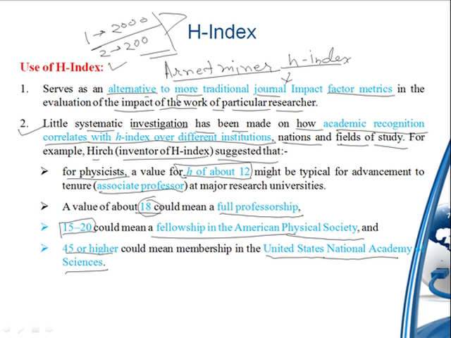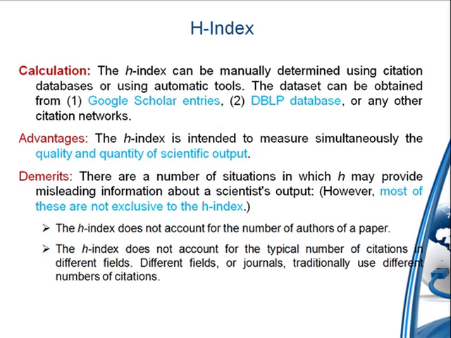Then there are a total of 2 papers having citations greater than 2, so his H-index will be only 2. However, his contribution is very high. Still, due to capturing productivity and impact both, it can be considered as a good measure for ranking of conferences, articles, journals and researchers.